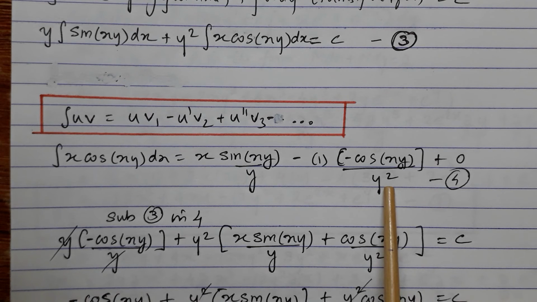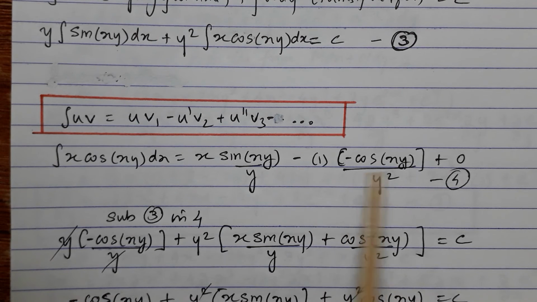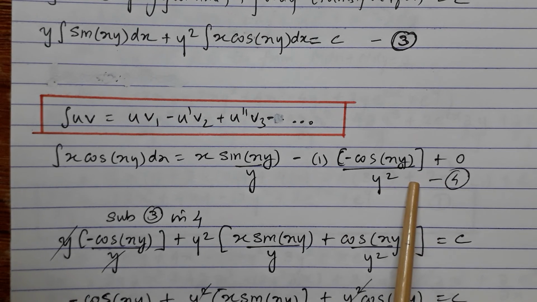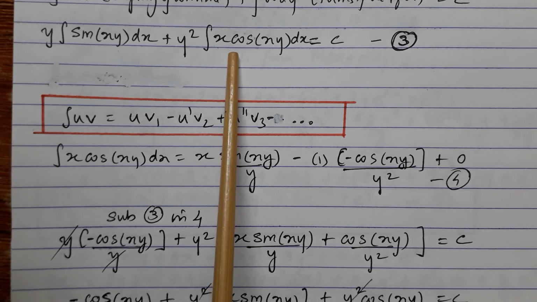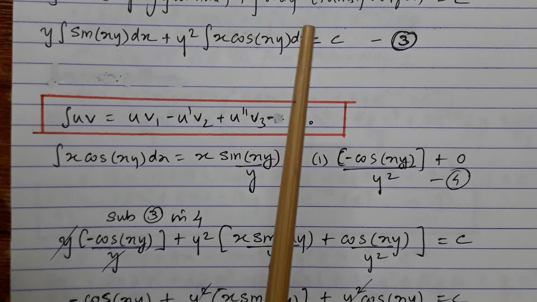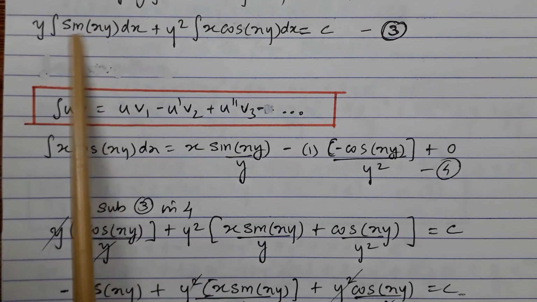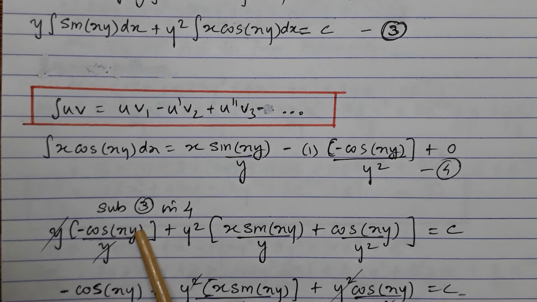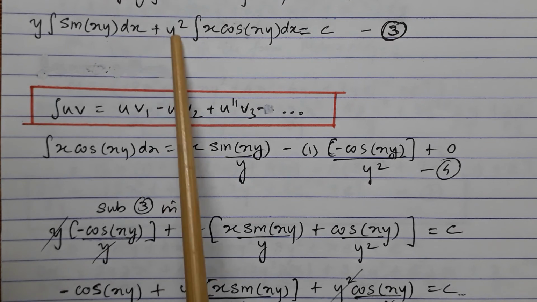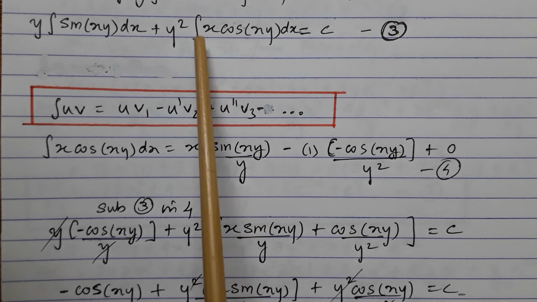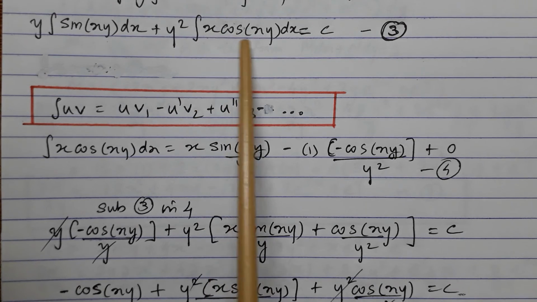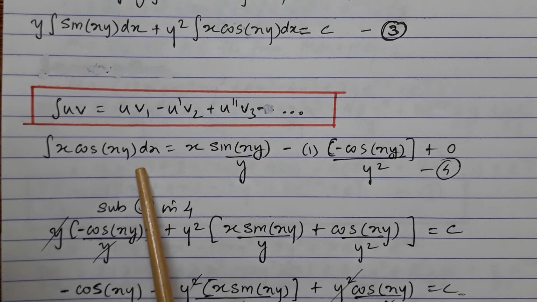Let us call this 4. Substituting 4 in 3, we would get y into integral of sin xy, which is minus cos xy upon y, as y is a constant, plus y square. Now integral of x cos xy dx, we have already calculated.